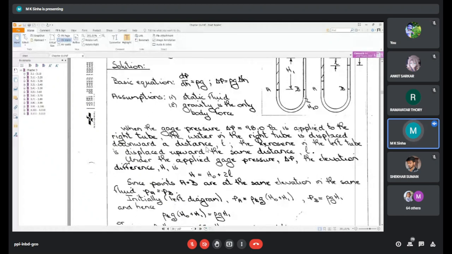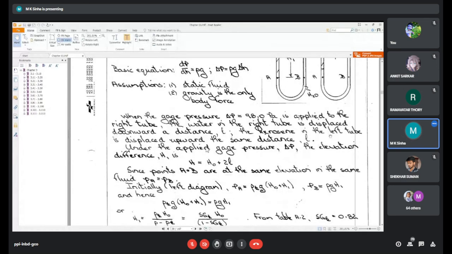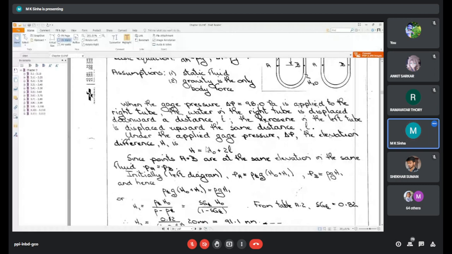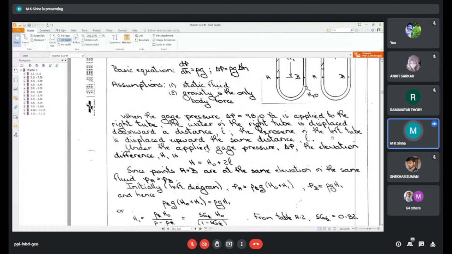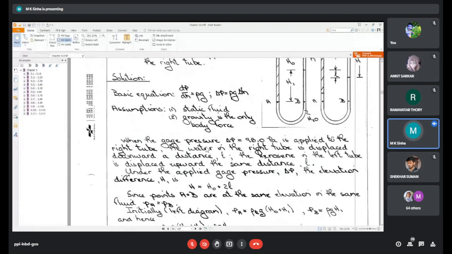The pressure at point A equals the pressure at point B, which we did in the previous problem, and this is a very fundamental thing. Initially, in the left diagram, the pressure at A is rho g with the initial height H0 and then H1, and PB on the right side is rho g H1. The right side is depressed and the left side is up. So A is the left side and B is the right side.